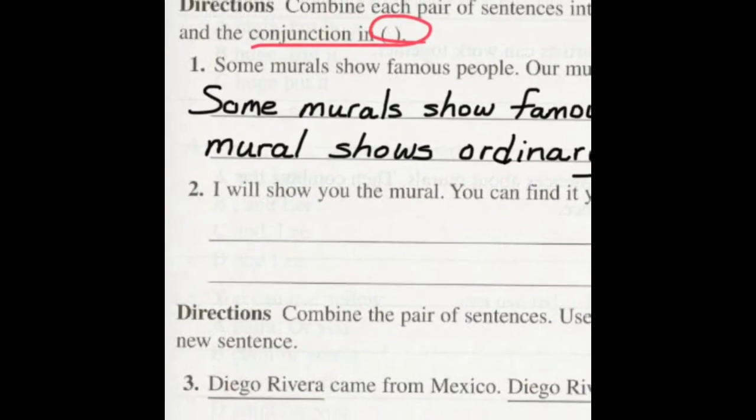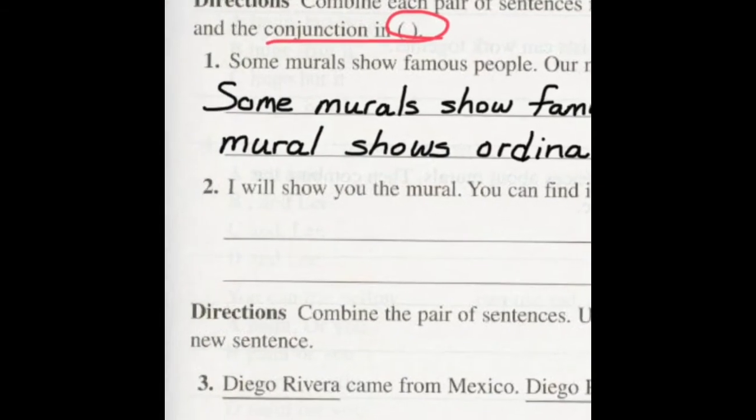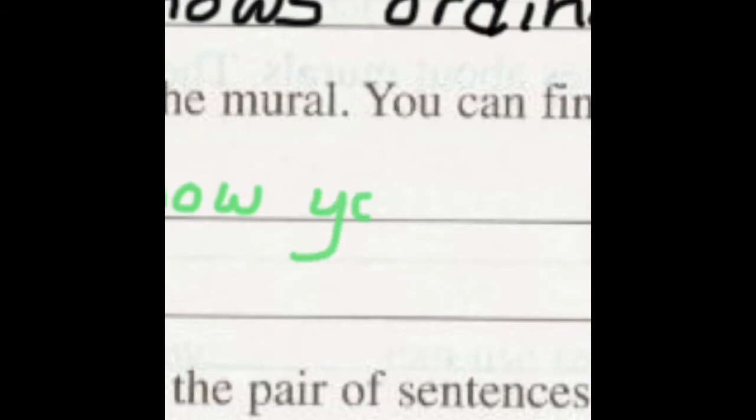Number 2, I will show you the mural. You can find it yourself. Okay, I will show you the mural. How about if I write in a pen instead of a crayon? There we go. I will show you the mural, right?